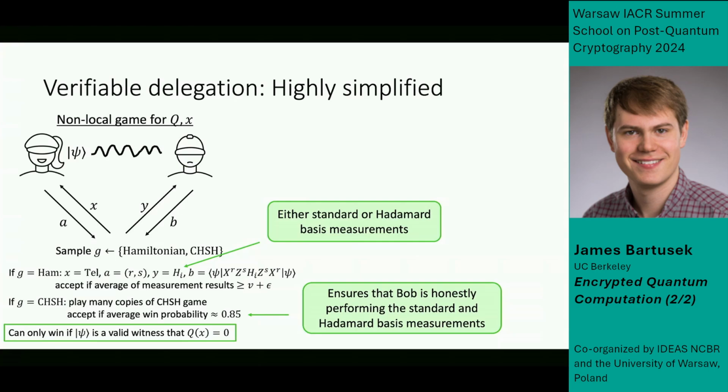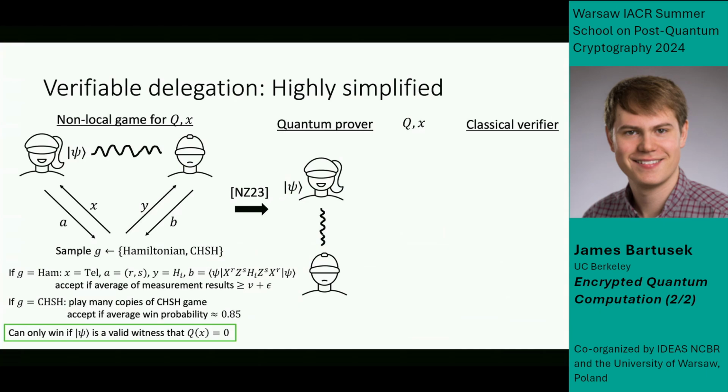And this relies on a quantum version of circuit SAT, essentially. There's a quantum analog of SAT, which is the local Hamiltonian problem. And if we can be sure that Bob is performing honest measurements, then we can outsource the verification for this quantum version of SAT, okay?